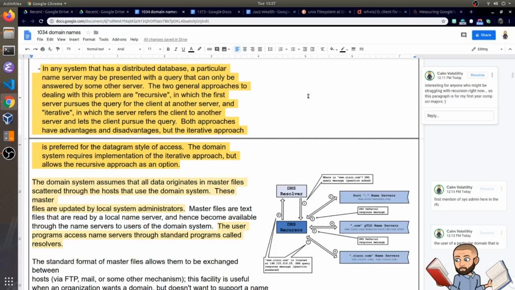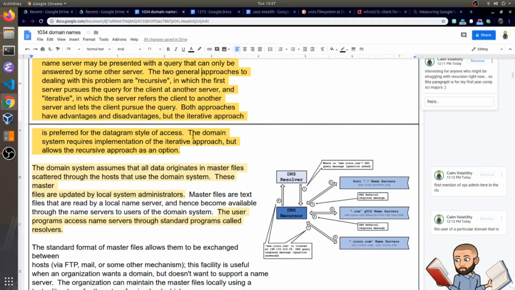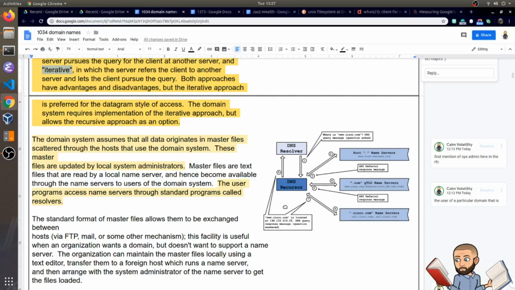Both approaches have advantages and disadvantages, but the iterative approach is preferred for the datagram style of access, and the domain system requires implementation of the iterative approach, but allows a recursive approach as an option. So I always knew about the iterative one, but this recursor idea is totally new to me. I'll let you go do your individual research on that one.